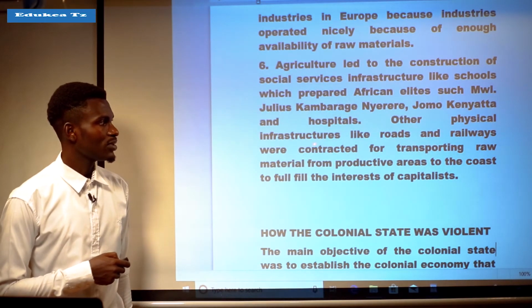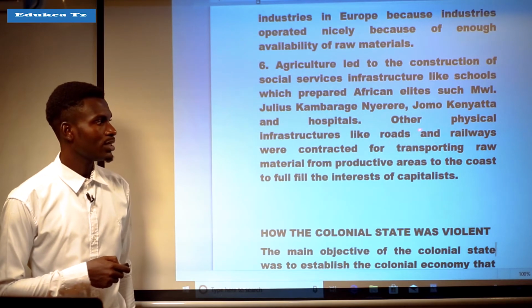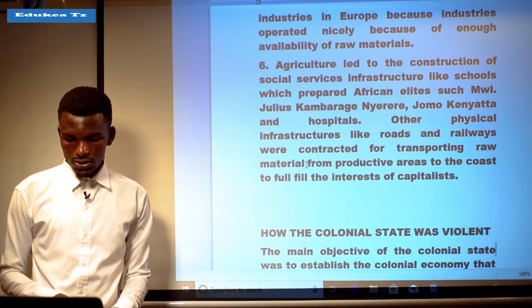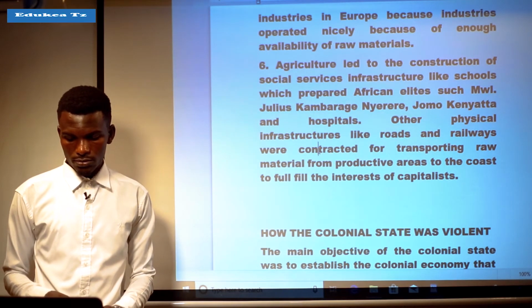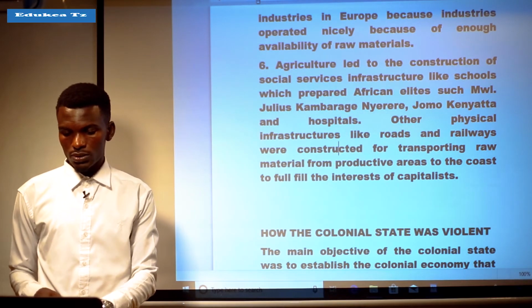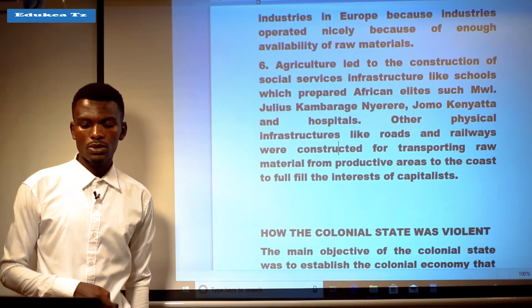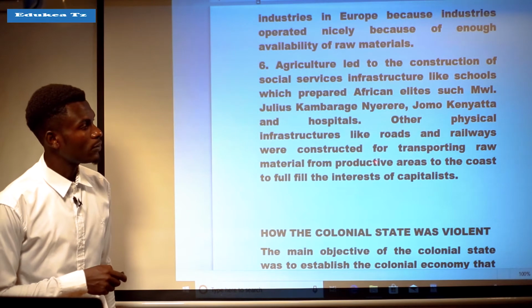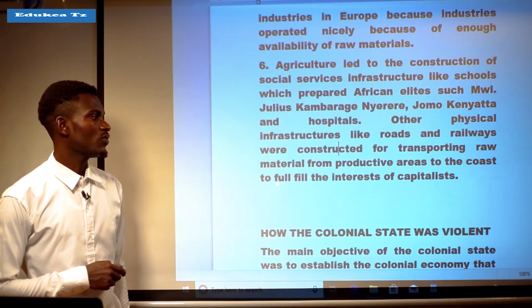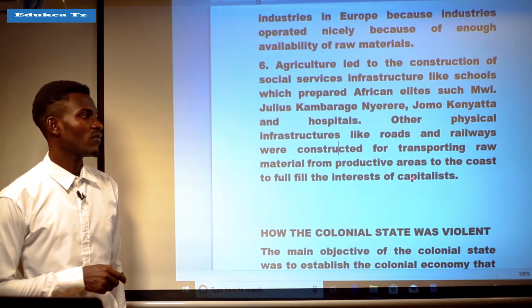Other physical infrastructures like roads and railways were constructed for transporting raw materials from productive areas to the coast to fulfill the interests of the capitalists.